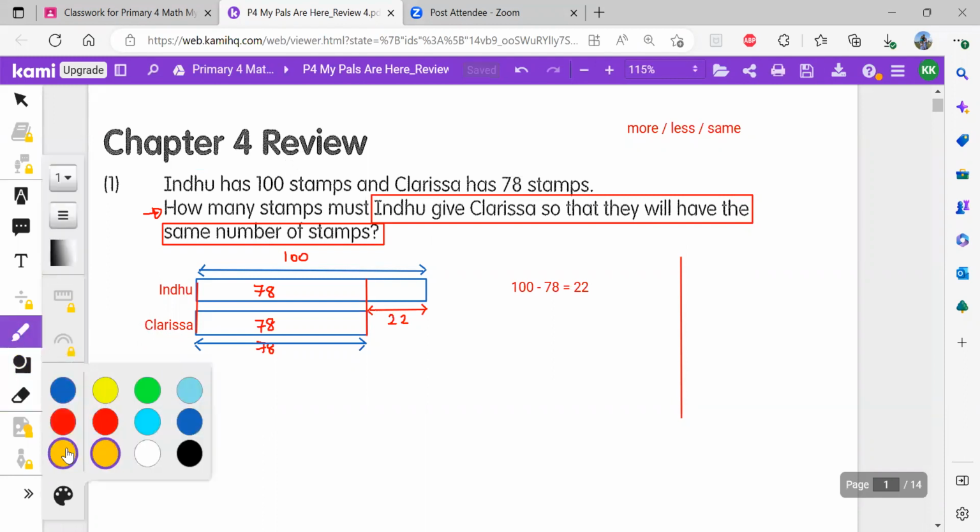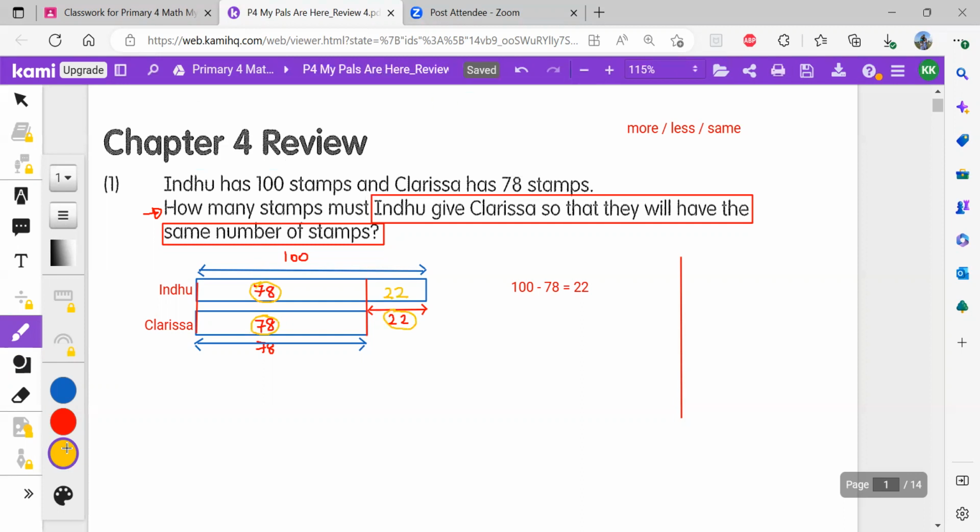Okay, so if you do matching, you see Indu has 78, Clarissa has 78. These two parts they have the same. But you see Indu has 22 more than Clarissa.